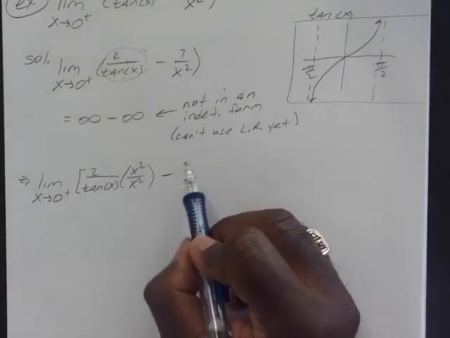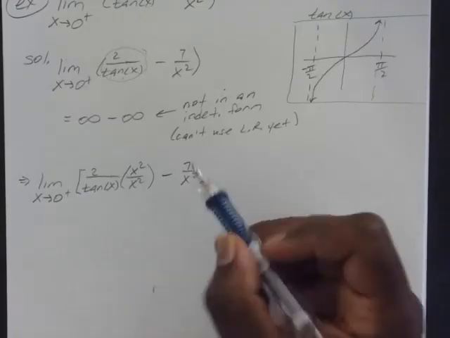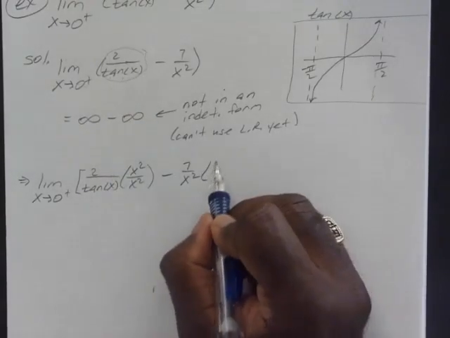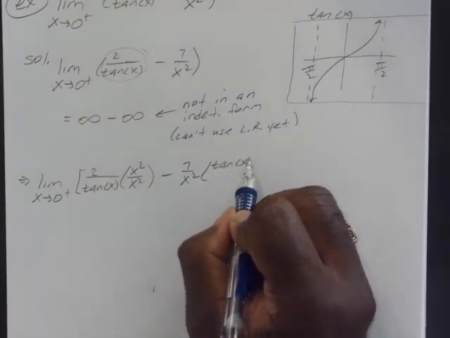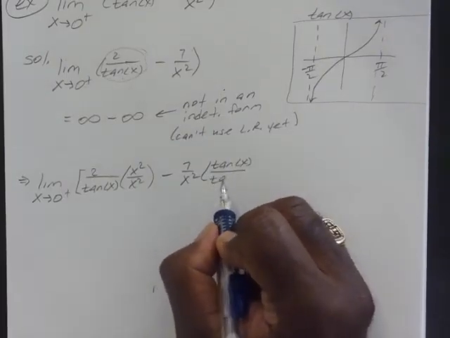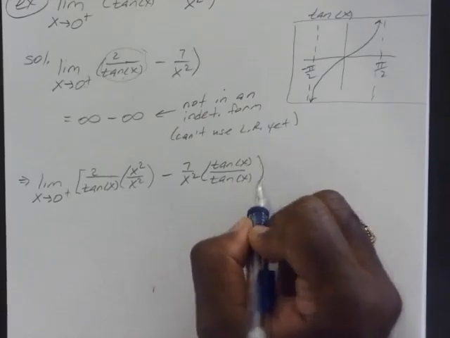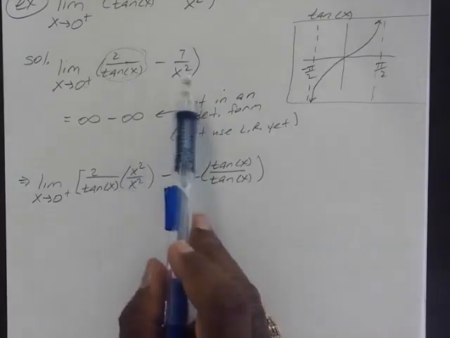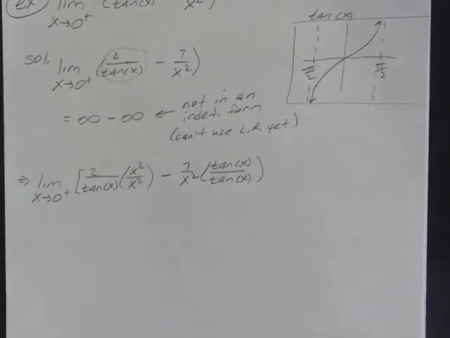Minus that's 7 over x squared. We just multiply that by the first denominator, so tangent of x divided by tangent of x. And most of the time this works whenever you get your infinity minus infinity, if you have the limit of two quotients, or the limit of the difference of two quotients.